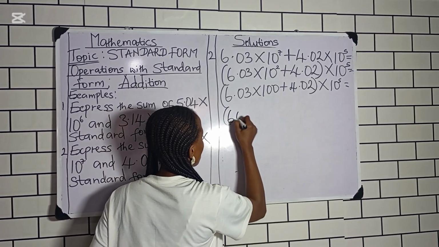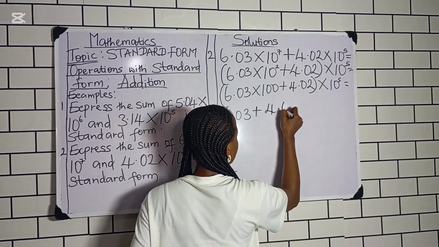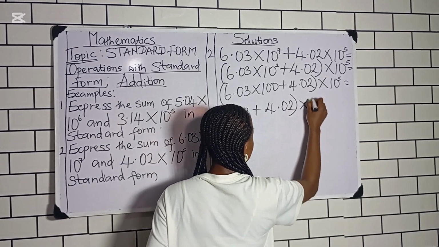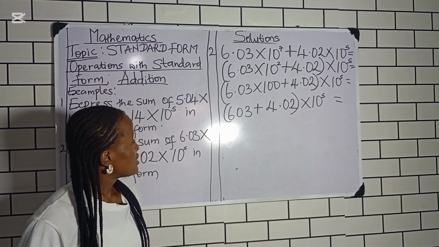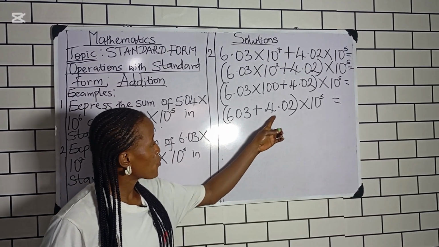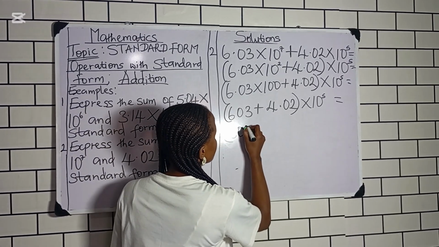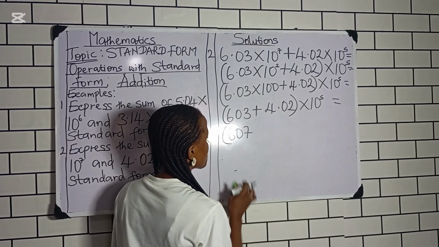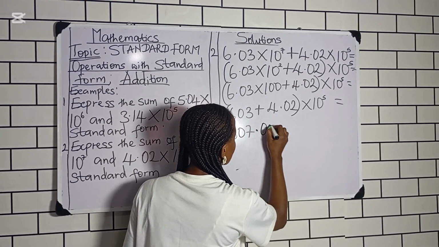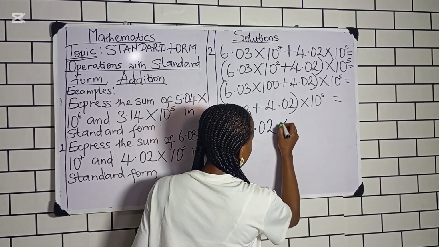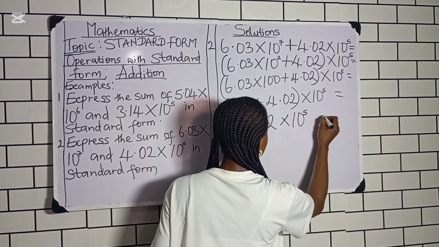This will give us 603 plus 4.02 bracket times 10 raised to power 5. Now we are going to add 603 plus 4.02. This will give us bracket 607, because 3 plus 4 will give us 7, and 0.02, times, you can remove your brackets now, times 10 raised to power 5 is equals to.